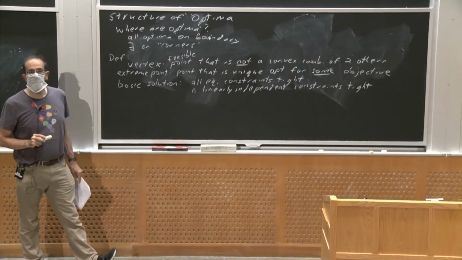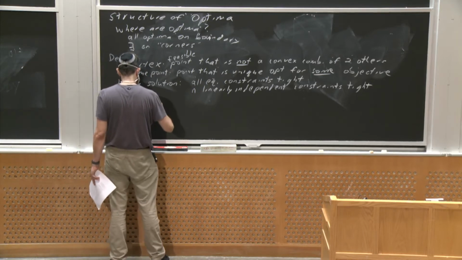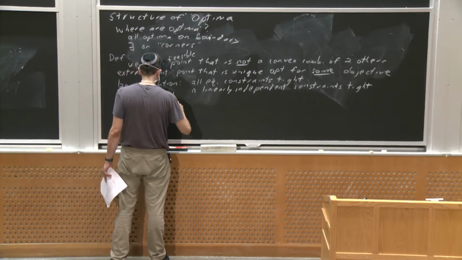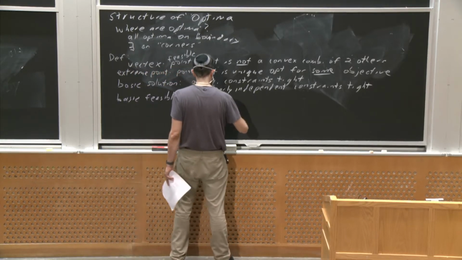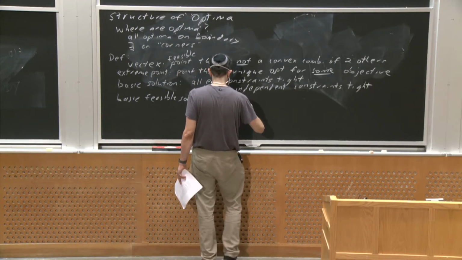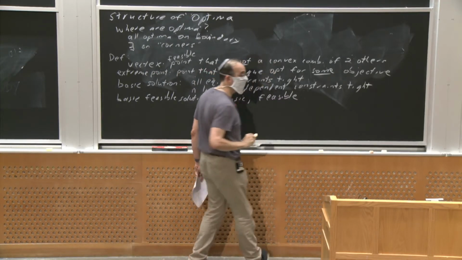Okay. And now we refine this with our final definition. A basic feasible solution is one that is basic and feasible, surprisingly. Okay.